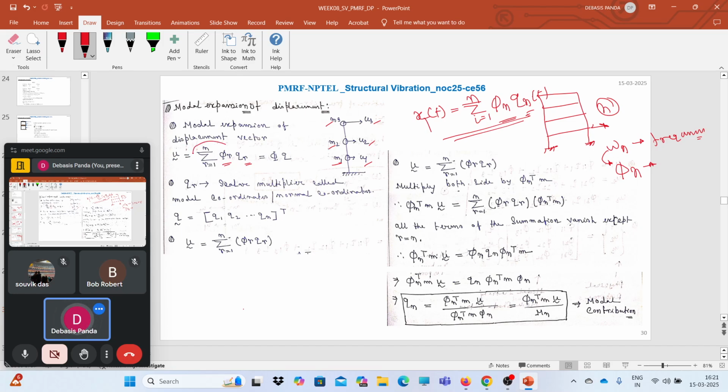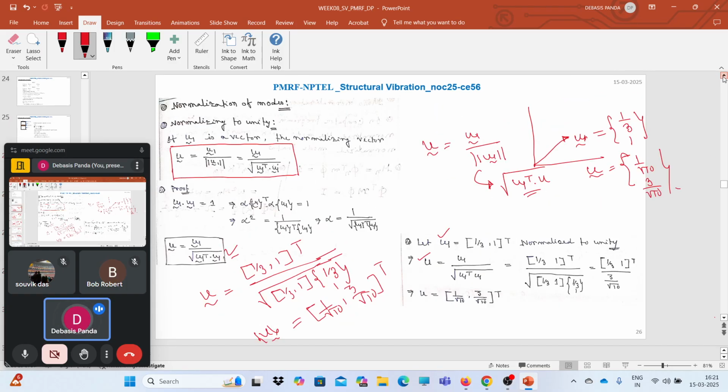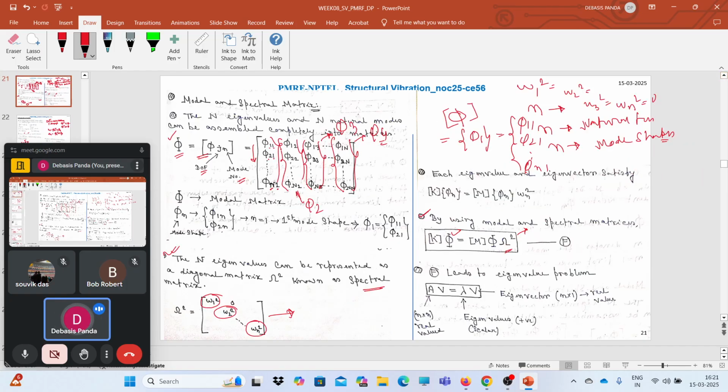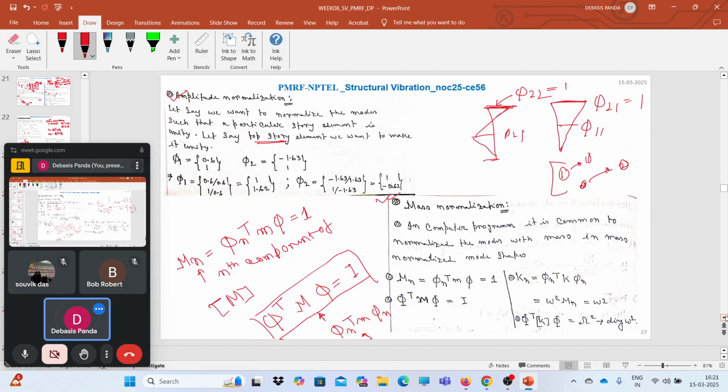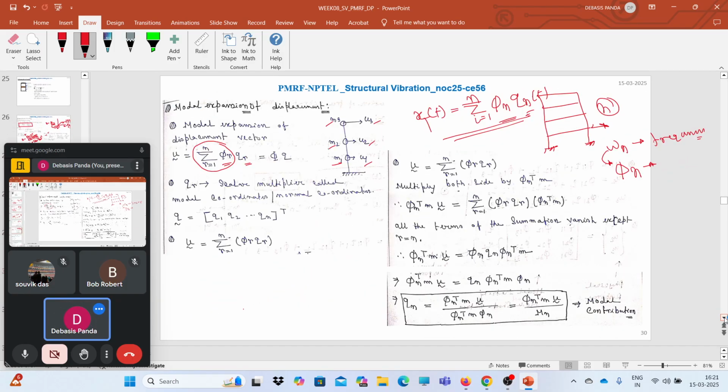The total mode shapes we have already defined in terms of the modal matrix phi that contains all the information of the mode shapes. Each column represents the mode shape corresponding to each degree of freedom. So we can write it like this, where q_r are nothing but the generalized coordinates or the modal responses.